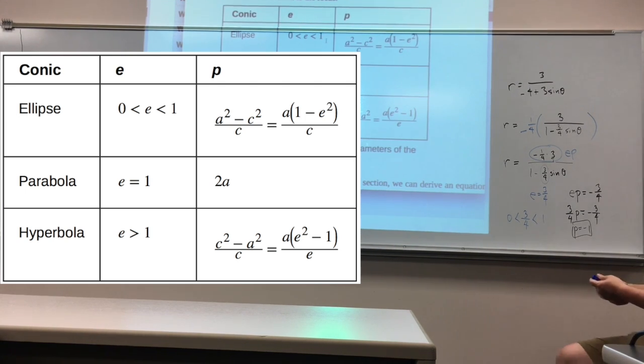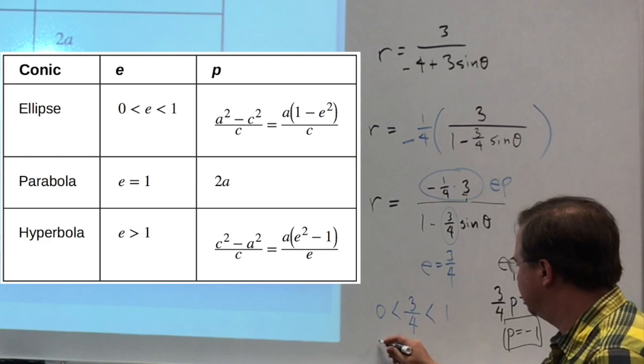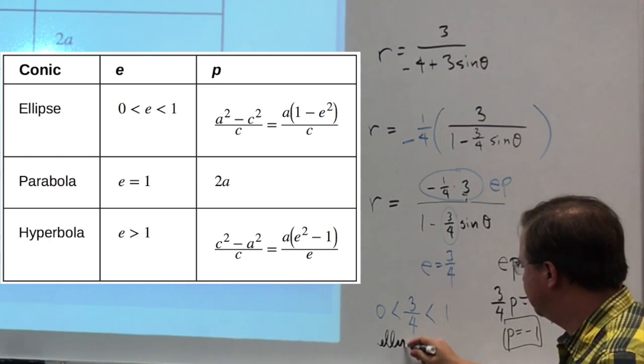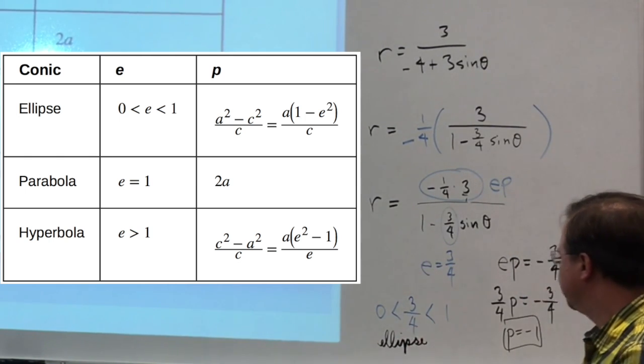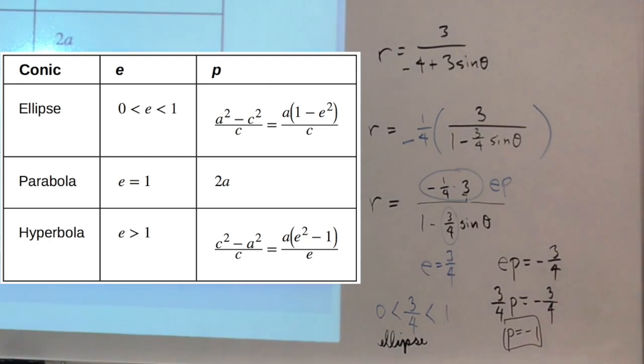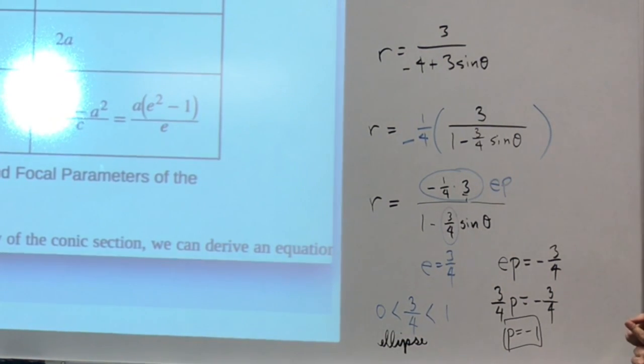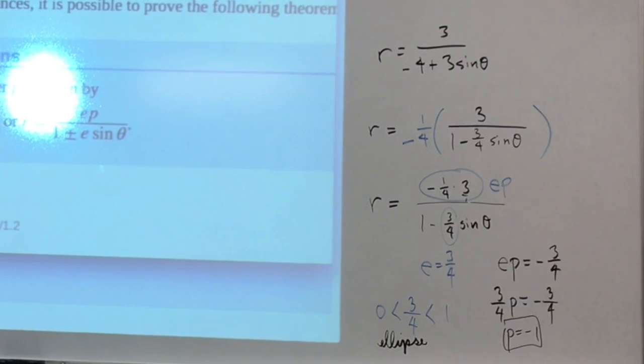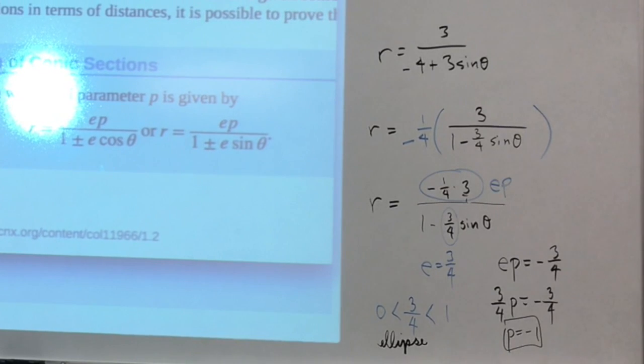Because of this, I can clearly see that this is an ellipse. Furthermore, the distance from the vertex, or the edge of the ellipse, to the focus is 1, because P is the focal parameter.